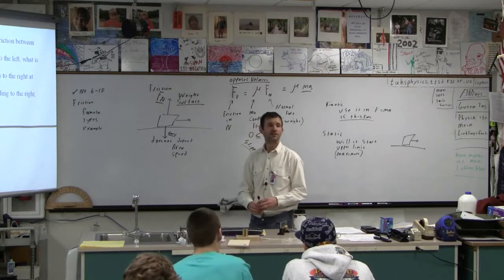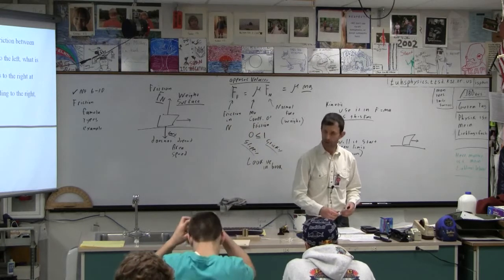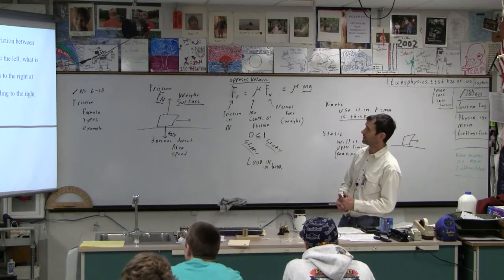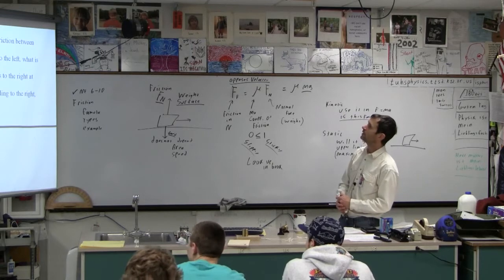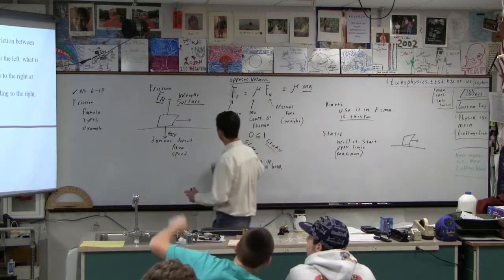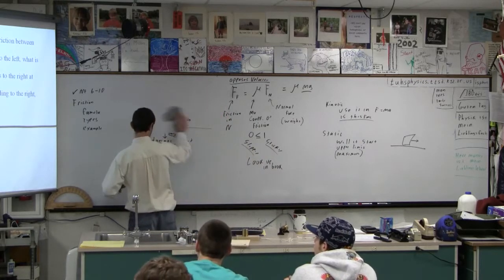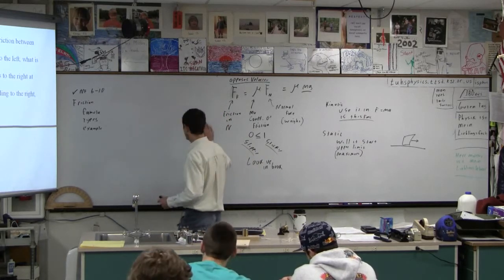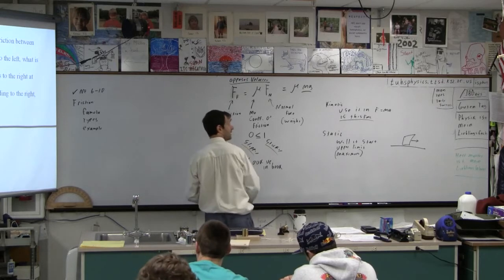So here's the example that ends all other examples, the mother of all examples, as it were. We've got a 5 kilogram object sitting on a plane. It's plain to see that that's what we have, yes?